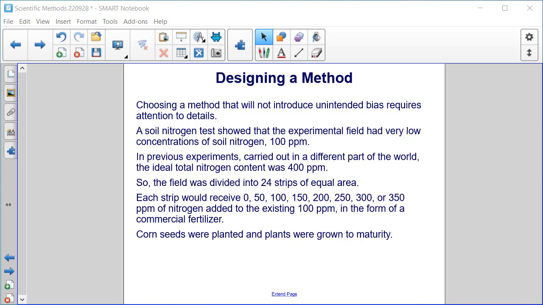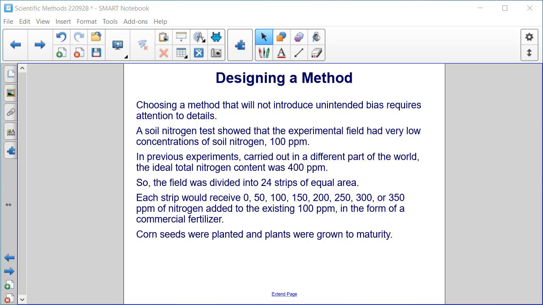Designing a method. Choosing a method that will not introduce unintended bias requires attention to details. A soil nitrogen test showed that the experimental field had very low concentrations of soil nitrogen, 100 parts per million. In previous experiments carried out in a different part of the world, the ideal total nitrogen content was 400 parts per million.